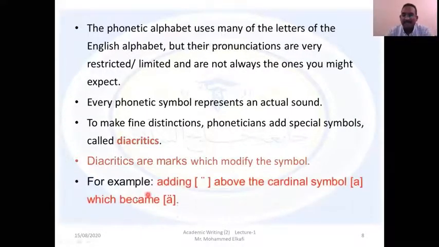For example, adding these 2 points here above the cardinal symbol A, which changes its sound. So here we think of even the 2 points that make the difference between short vowel and long vowel. We will study them in more detail in some other part of our lecture.